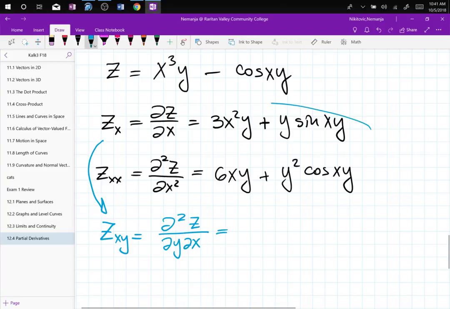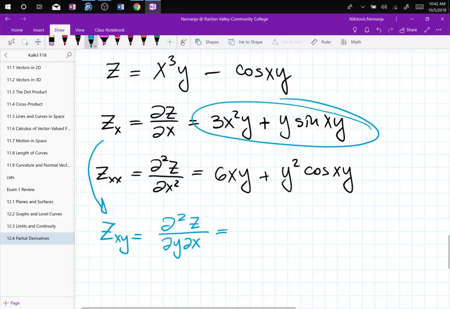And I have to look back here, because now I'm doing the second derivative. Every second derivative is done off of the first derivative. So I have to go back and look at the first partial derivative and do the derivative in y from there. Now that involves the product rule, right? So we see that for this particular question, xx was easier to do than xy, because xy has a product rule.